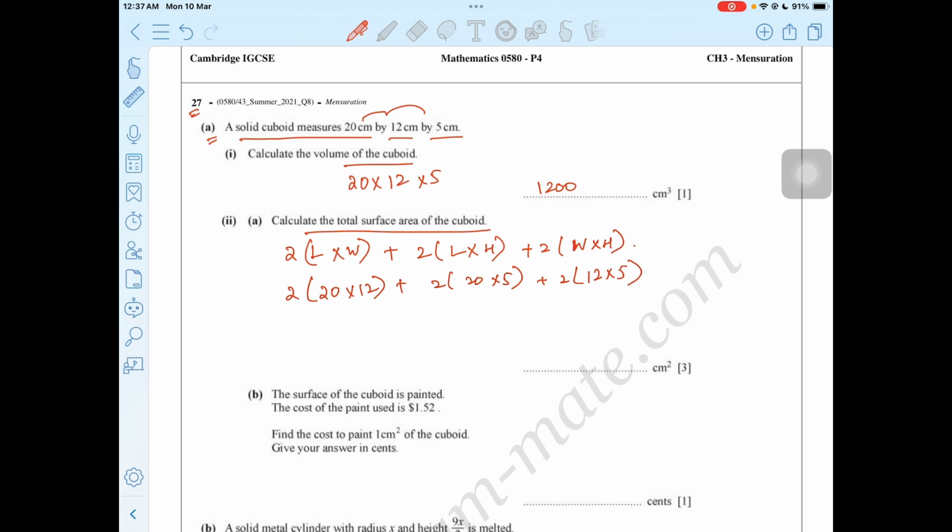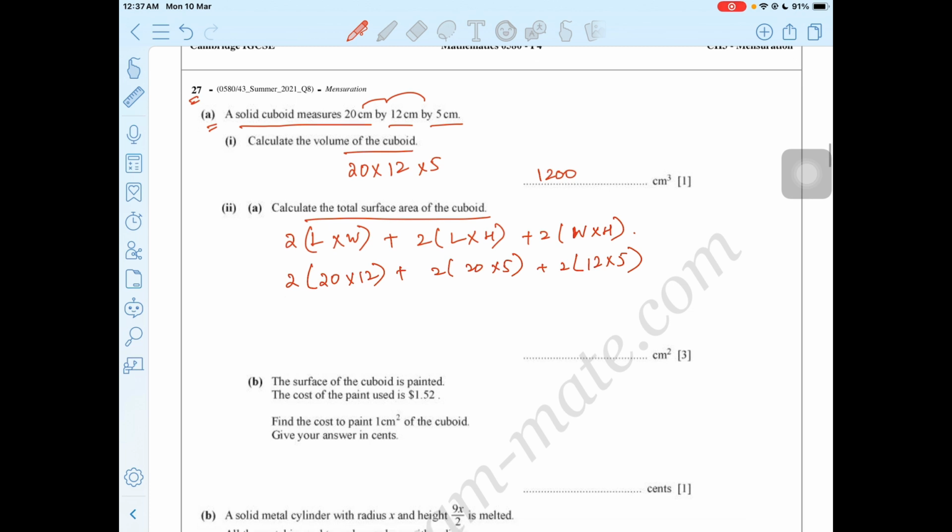So we calculate these, then we get our answer as 800. Okay, so this would be 240 times 2, 480; this is 100 times 2, 200; and this is 60 times 2, 120. So this is 600 and then 200 added to get our answer as 800.